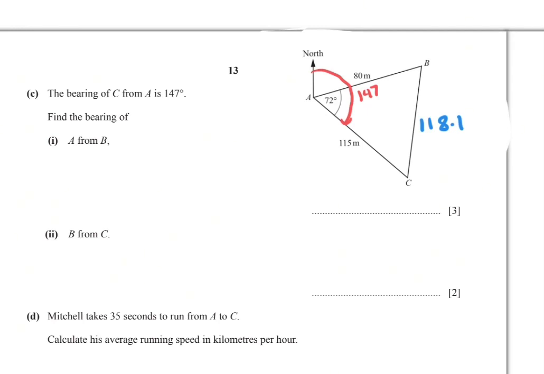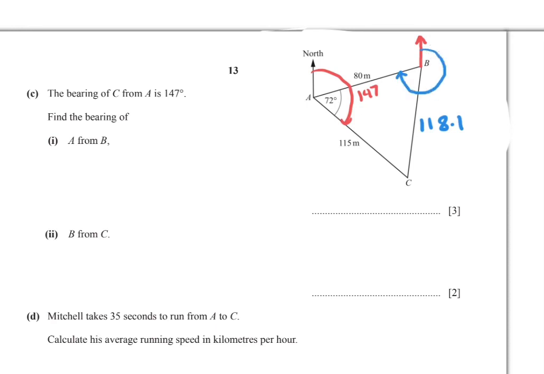Now we need to find the bearing of A from B. So you need to draw the north at B. Start from the north and move clockwise till you reach the line between A and B. So we need to find this angle.